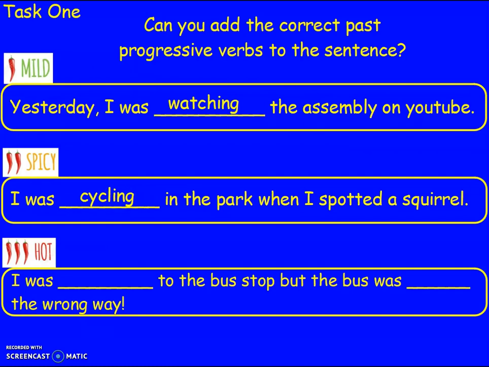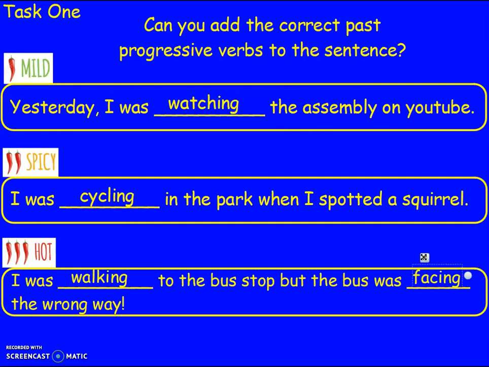Okay, let's take a look at hot then. I was something to the bus stop, but the bus was something the wrong way. So I'm going to say I was walking to the bus stop. Some of you might have put running. I was walking to the bus stop, but the bus was facing the wrong way.